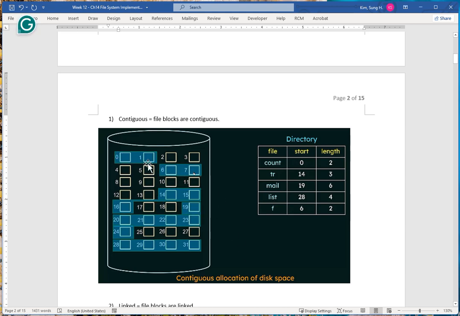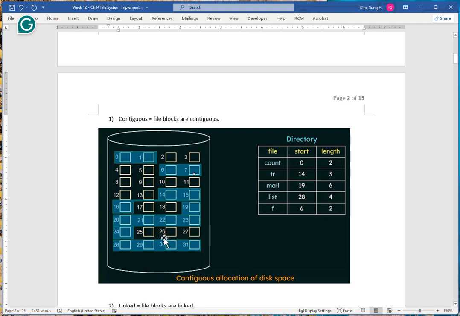Obviously the advantage is that it's easy and fast to read, but the disadvantage would be if you need to expand them. So let's say, for example, number 14, let's see here, well, even this guy here, 28, the list file, and it has a length of 4, but after you read it, if you need to store an increased file size, it can't go anywhere, right?